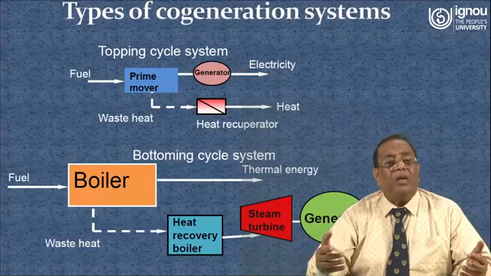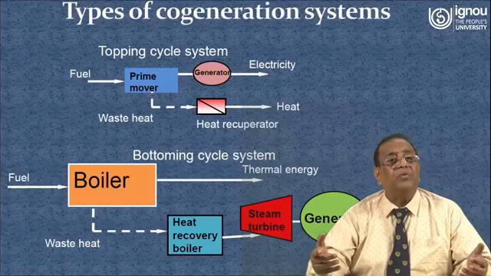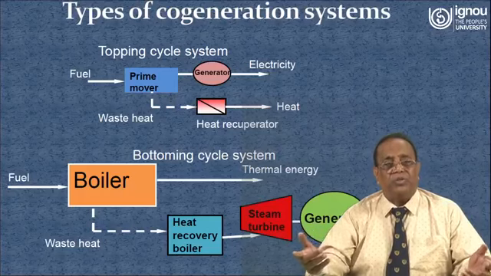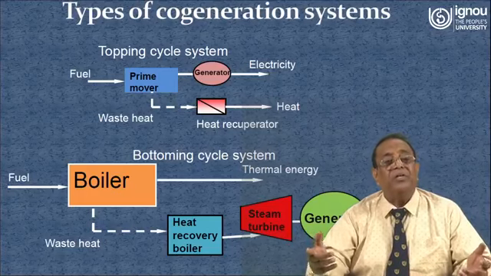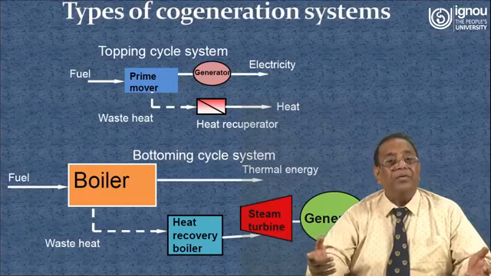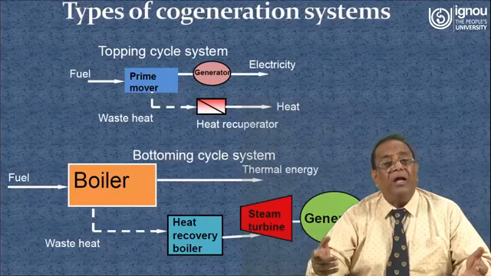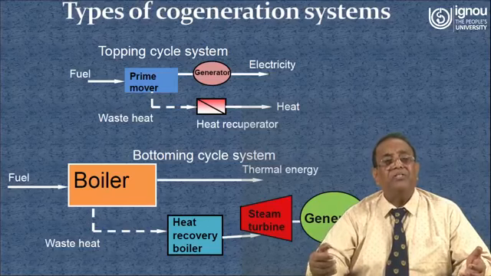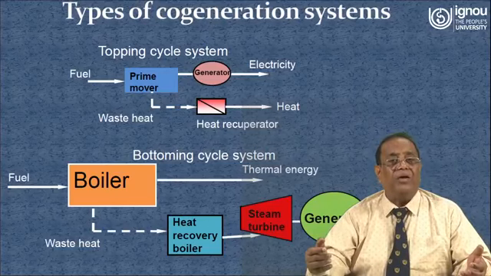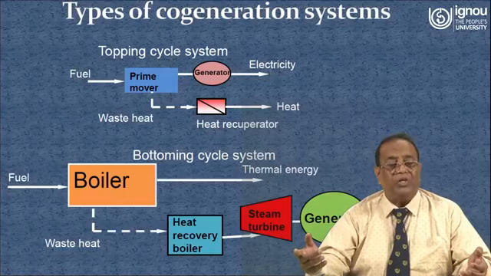But the flue gases which come from the boiler as waste heat are recovered through a heat recovery boiler, and that heat is utilized for generating steam. That steam may pass through the steam turbine, and thereby in the generator we can produce electricity.